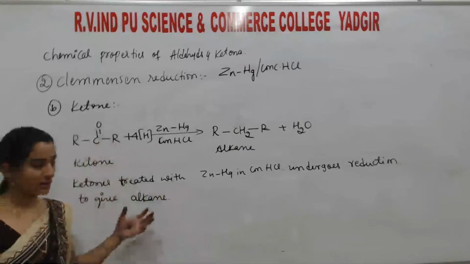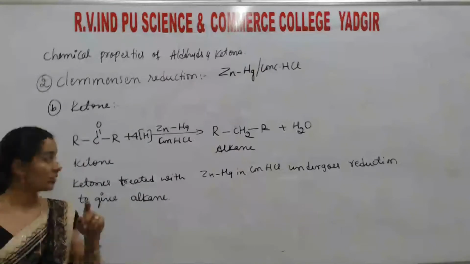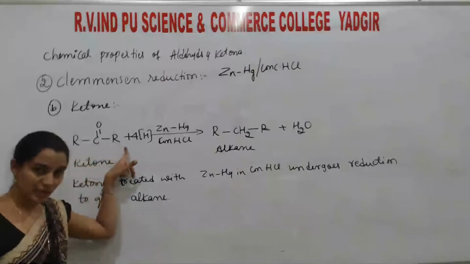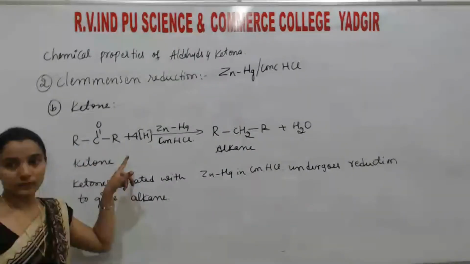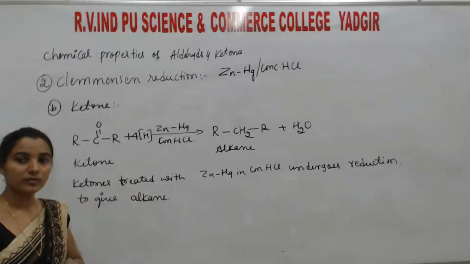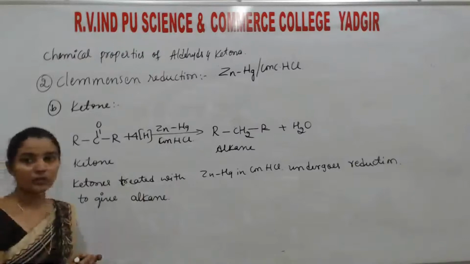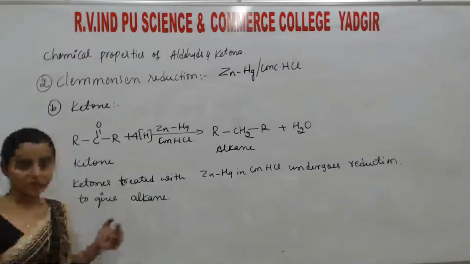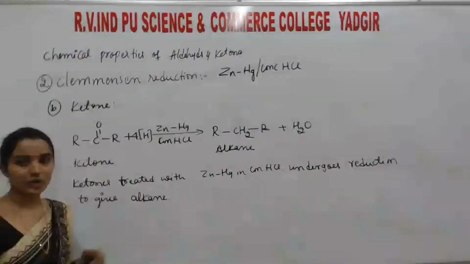This is the main reaction. You just replace this R group by CH3 and benzene, then you will get the example. You write it yourself. In tomorrow's class, we will continue with the next properties of these aldehydes and ketones. So many properties are still there. Okay.